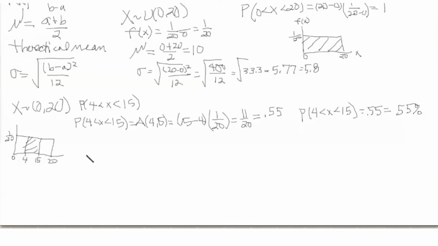So let's say if I was given X equals 15. I have my 20 here, so we're looking at just the number 15, just a single point is a line. Well, if X equals 15, then that's just a straight line, and the width equals 0.